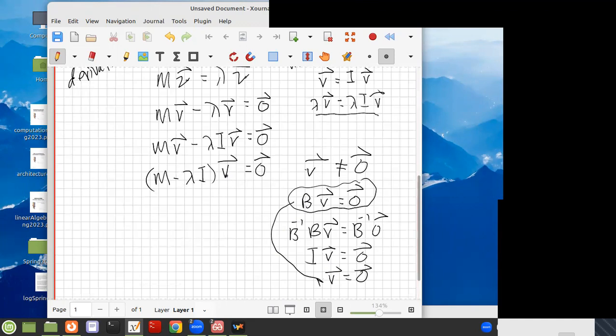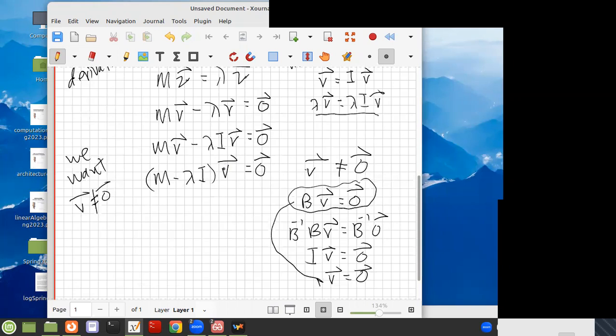But we're looking for eigenvectors which are not equal to 0. Therefore, this cannot equal 0.